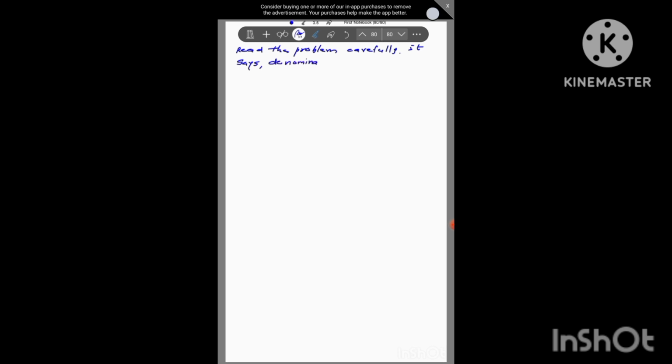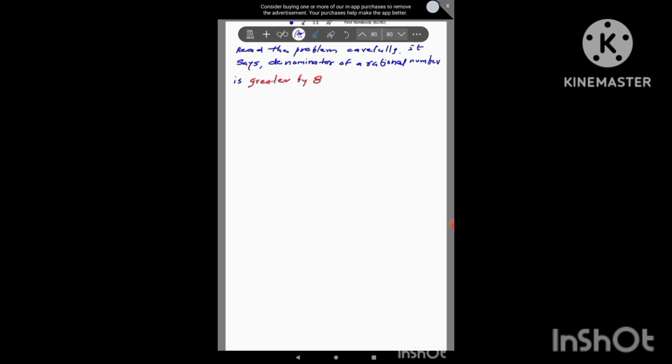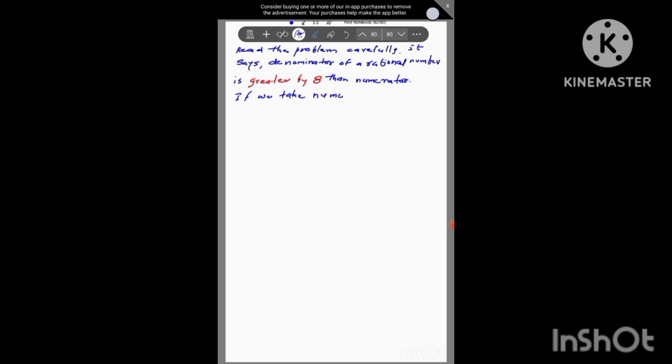Okay, so you are actually supposed to understand the actual problem. So the denominator is greater by 8. Then if we take the numerator as x, then what will be the denominator?